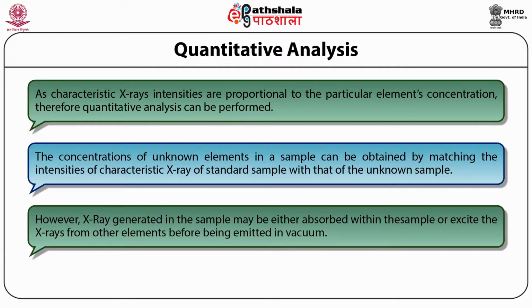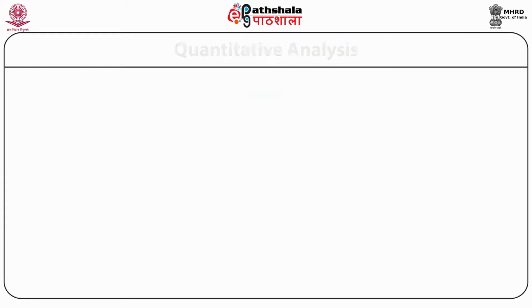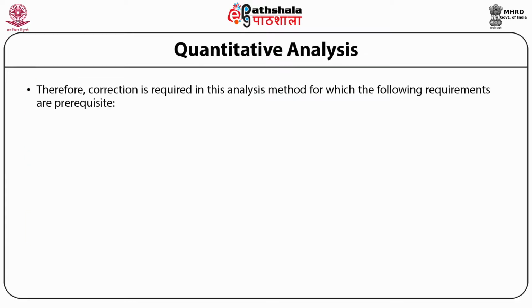However, X-rays generated in the sample may be either absorbed within the sample or excite X-rays from other elements before being emitted in vacuum. Therefore, correction is required in this analysis method, for which the following requirements are prerequisite. First, it should have a flat specimen surface.